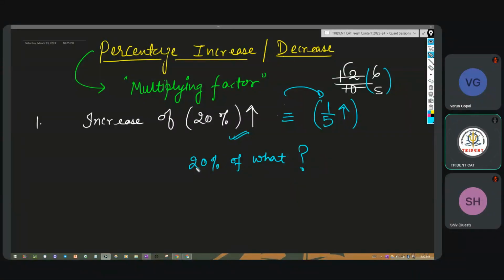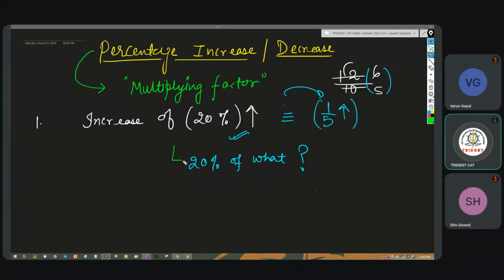Now I'll come back to the idea, why is it suddenly that from addition we are going into multiplication? Because ideally we are saying an increase of 20%. So should it not make sense if I just do 1 point, let's say 20% like this? See, we are actually doing the same thing. We're doing 1 plus 20% only, but in a slightly different way.